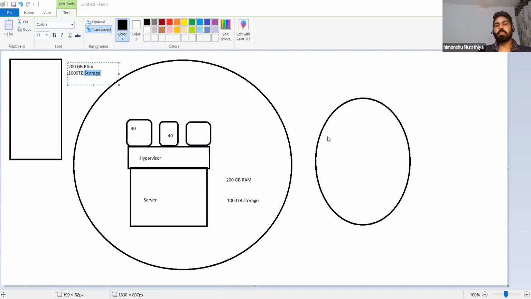No. The main difference between public and private, the first one is cost. For the public cloud, cost will be less, and for the private cloud, cost will be high. Let's take a real life example. Suppose you want to read a book. There are two options.